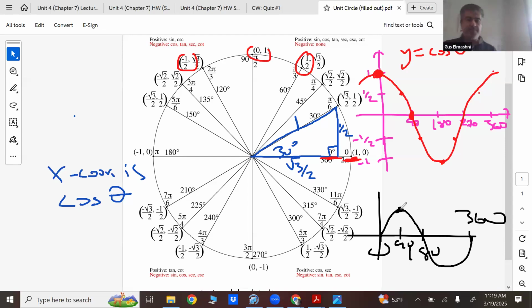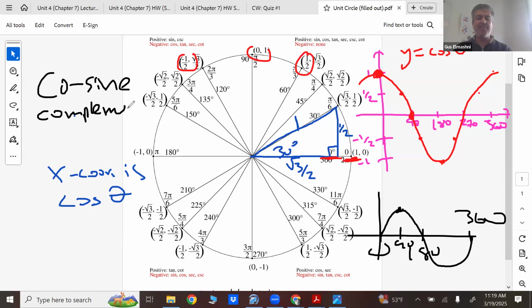The word cosine. Does anyone want to take a stab at what co is short for from geometry? From angles. You remember how angles are related to 90 degrees. When two angles add up to 90, what are they called? Complementary. Thank you, Nathan.